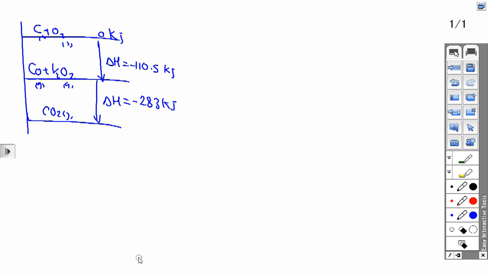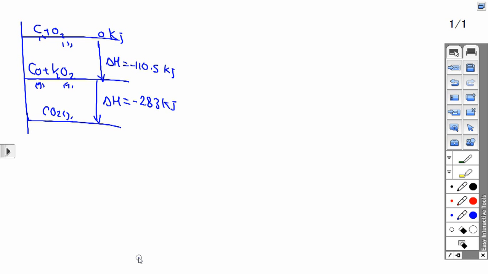How do we use the diagram? I'll explain. How do we use this to get steps of reactions? If the question is, for example, what is the enthalpy change if carbon reacts with oxygen to produce carbon dioxide, how do we get this directly from the curve?